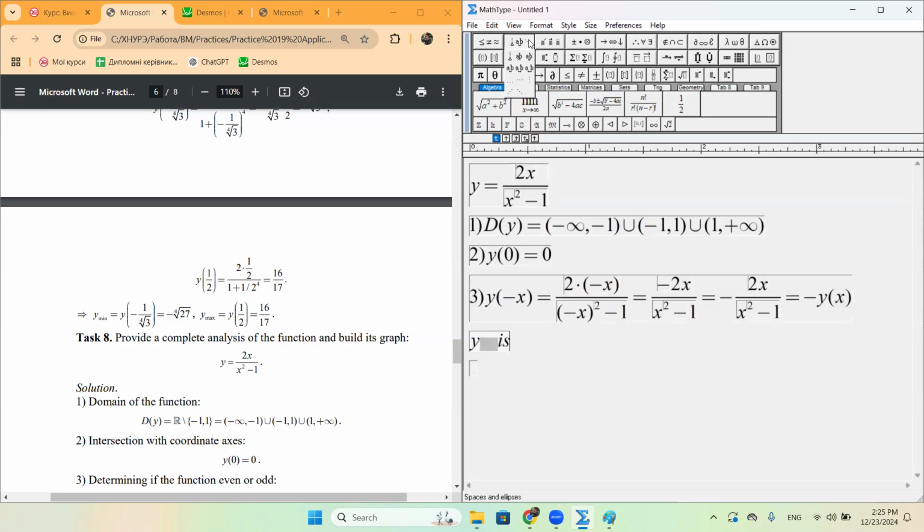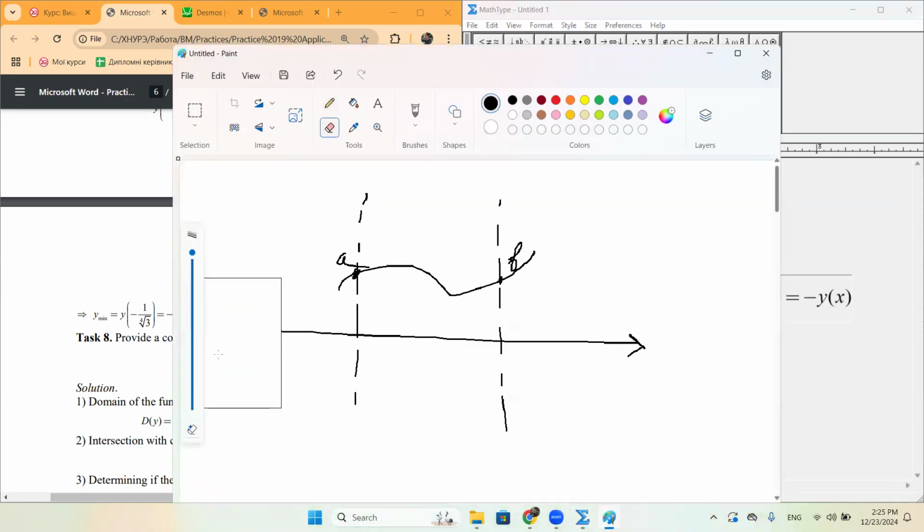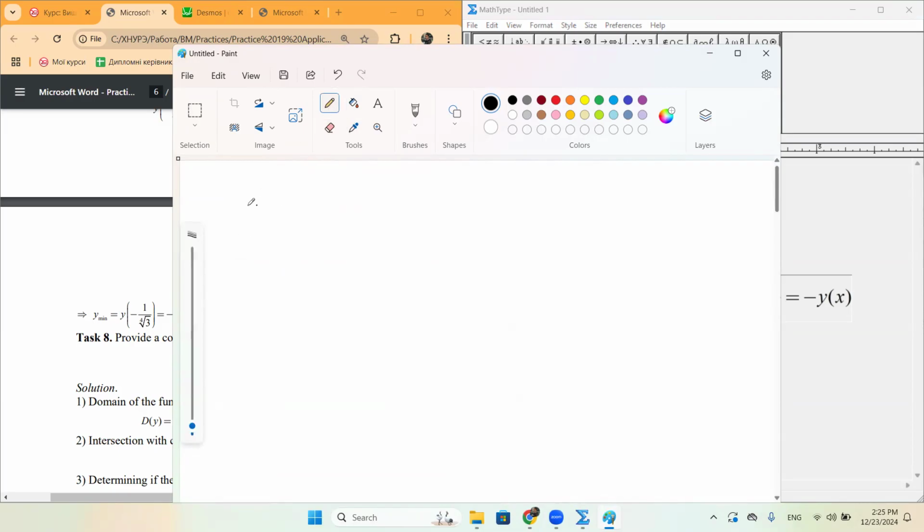What do you remember about it? Okay, let me remind you. The function is even when y of -x equals y of x, and odd when y of -x equals minus y of x.